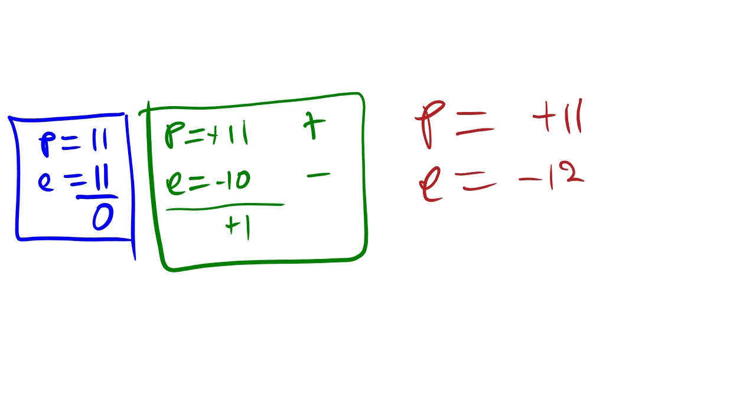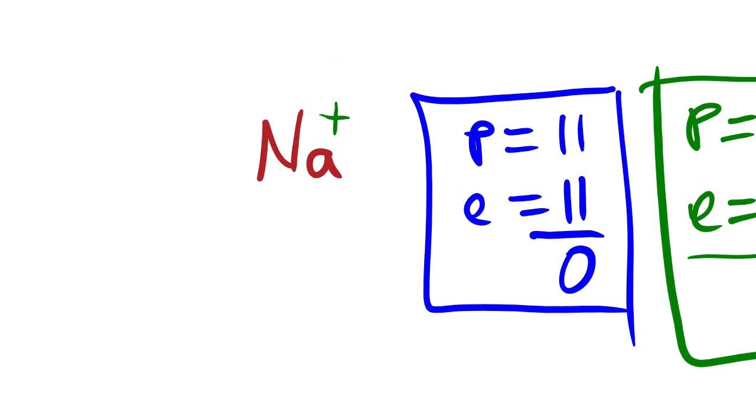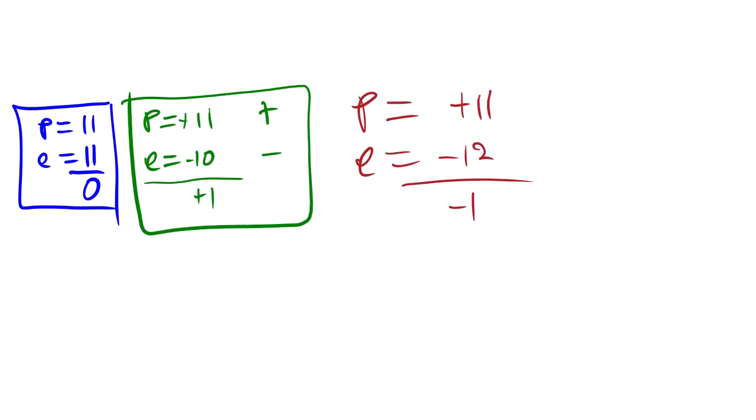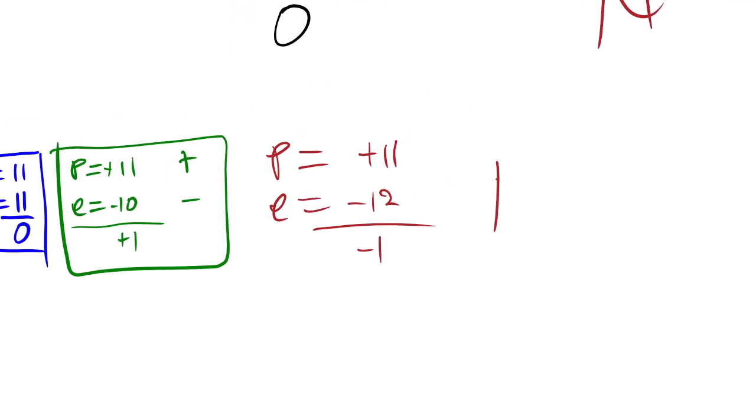Then the net charge, when you press +11 minus 12 on your calculator, you will have -1. Your net charge is -1. Then your sodium will be, instead of just sodium, sodium minus, because you have -1.